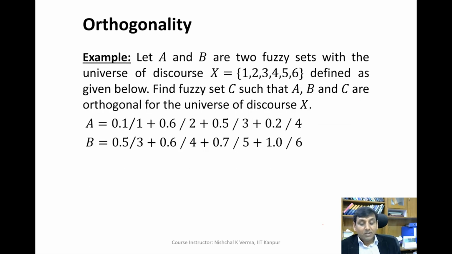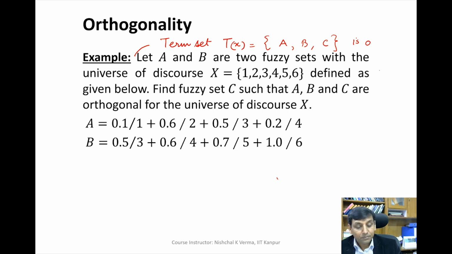So we are assuming that we have a term set Tx, which has A, B and C. We assume that this term set Tx is orthogonal, with the linguistic values A, B, C being nothing but fuzzy sets.